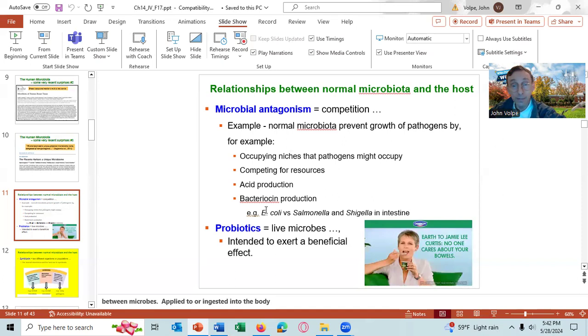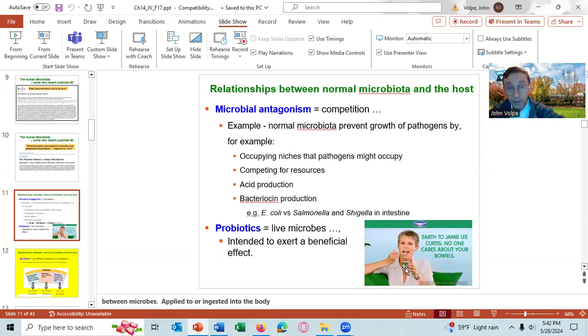Probiotics is the consumption of live microbes intended to exert a beneficial effect. It used to be, I'm not sure if they still do this, but when I was given oral antibiotics, the doctor would tell me, you should probably eat some yogurt with live cultures to help establish the normal microbiota in your gut back again.